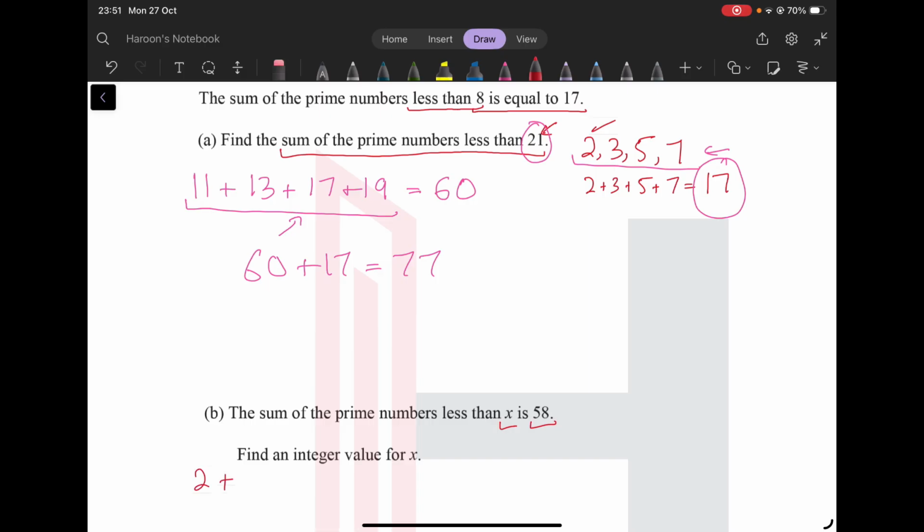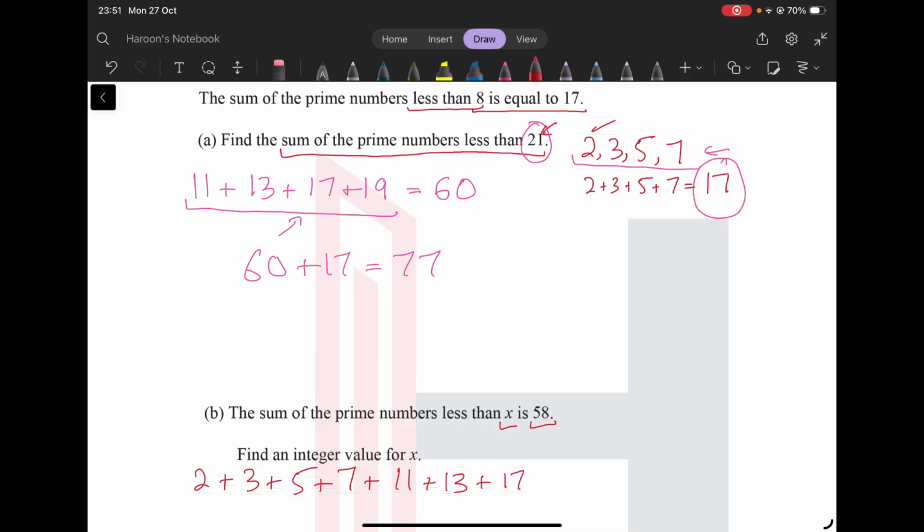So 2 plus 3 is 5, plus 5 is 10, plus 7, this is 17, plus 11. I'll keep on adding these now. 17 plus 11, then plus the next one is 13, so I'll add plus 13, which is 41. Now I'll add the next one, which is 17, so plus 17.